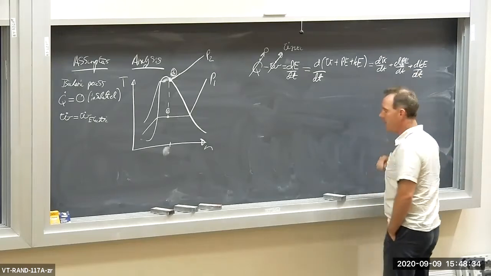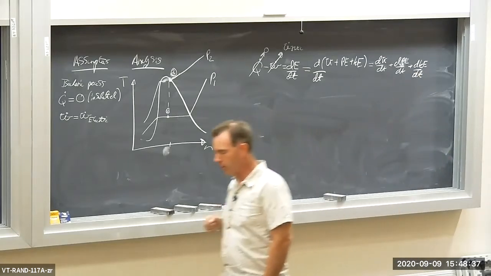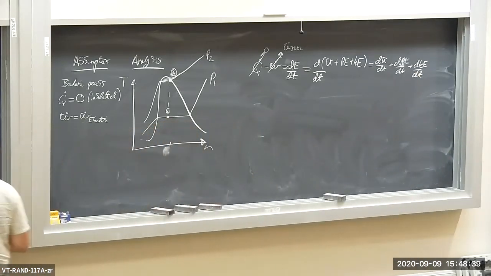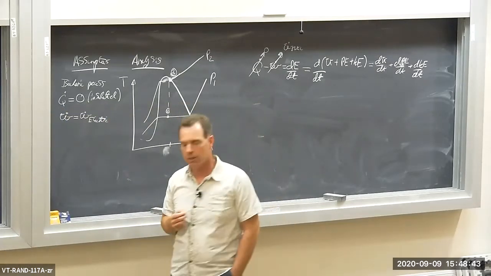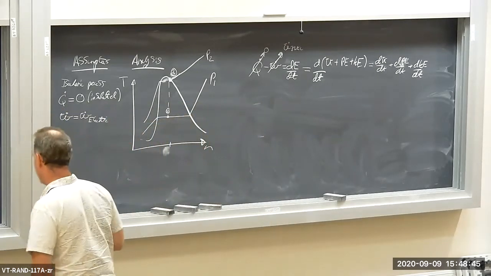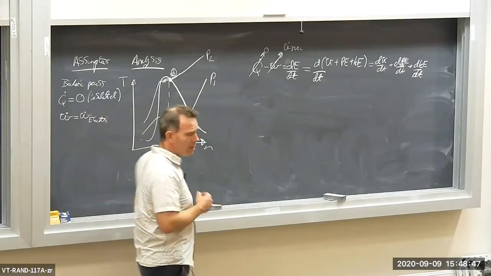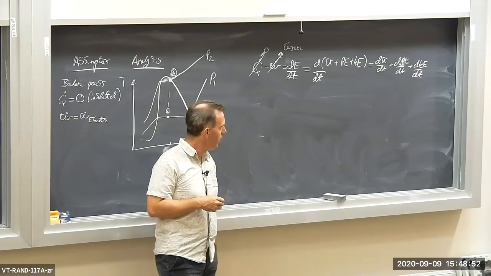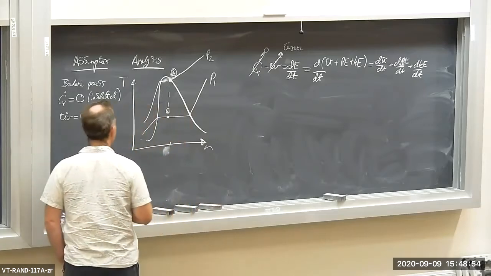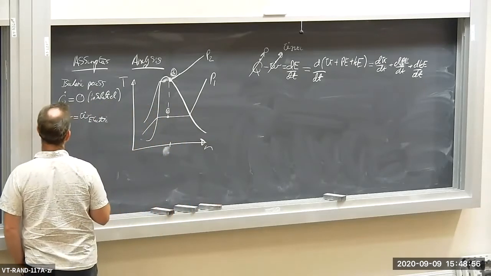Now, the dPE and dKE dt terms are due to a change in velocity or speed or a change in position of the system, i.e. gravitational potential energy. I don't see any indication that the rigid container is moving, accelerating in any way. So I'm going to assume away changes in potential energy and kinetic energy.